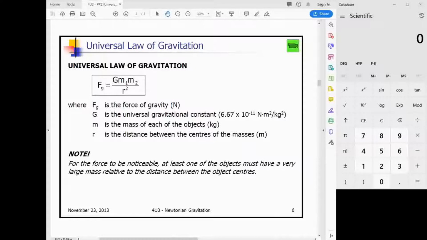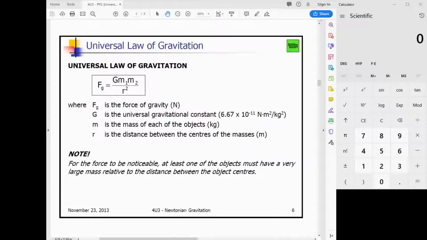So we have to have 2 large masses, and the distance between them has to be relatively short, because if we're dividing by an r squared, that means that our number is going to get smaller. So the bigger that r squared is, the smaller our overall force is.